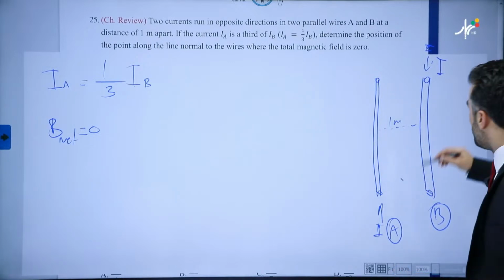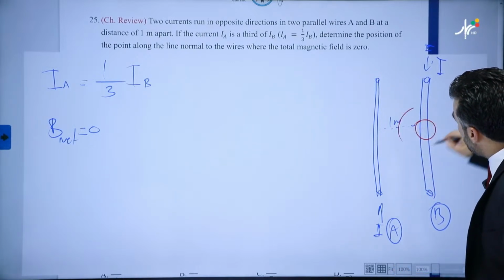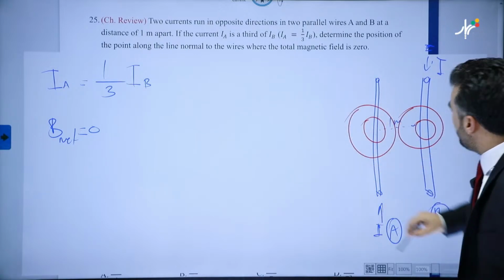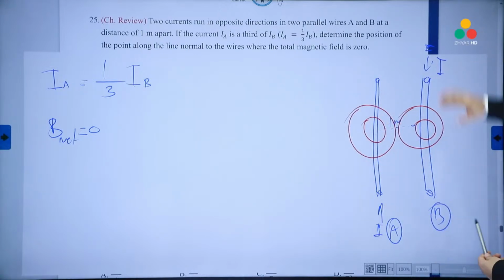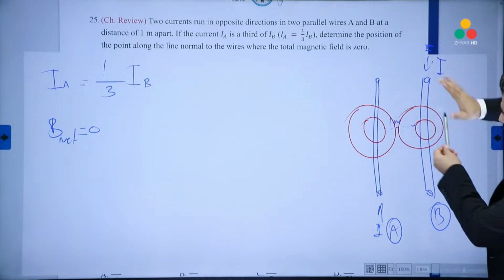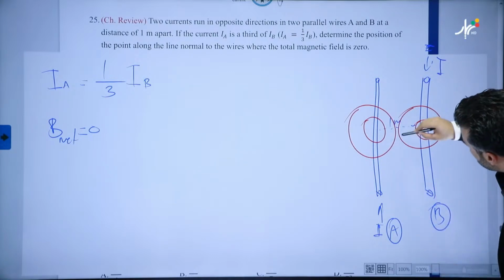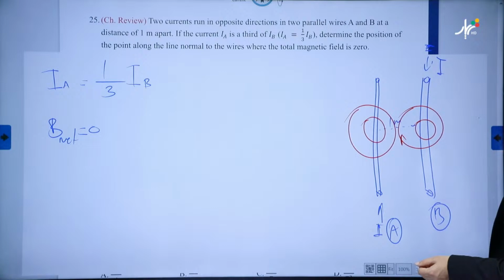The answer is yes. So, what is the direction of the magnetic field around this wire? And of course, we can find the direction of the magnetic field around this one as well. Watch this. For this one here, the magnetic field is going downward, yes? If that is the case, then of course we can do this one here. You can see that the direction of the magnetic field is in this direction. Do you agree? Let me write it here.